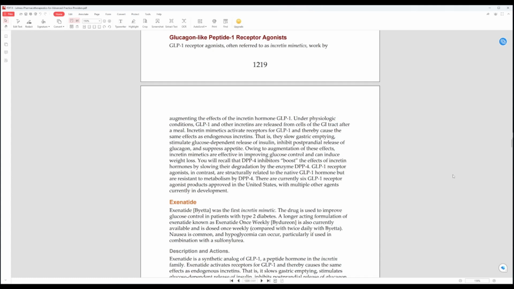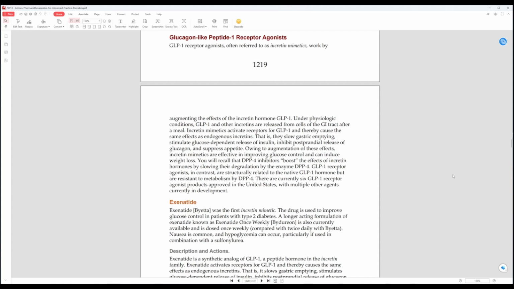That is, they slow gastric emptying, stimulate glucose-dependent release of insulin, inhibit postprandial release of glucagon, and suppress appetite. Owing to augmentation of these effects, incretin mimetics are effective in improving glucose control and can induce weight loss.